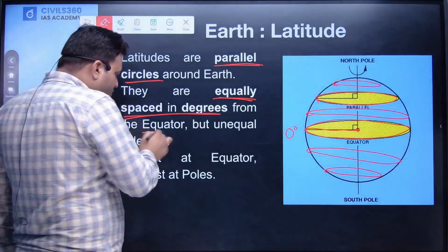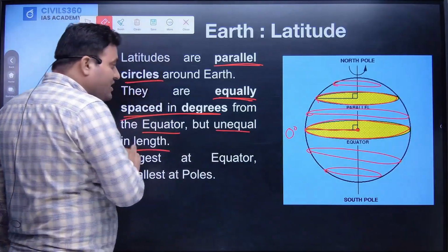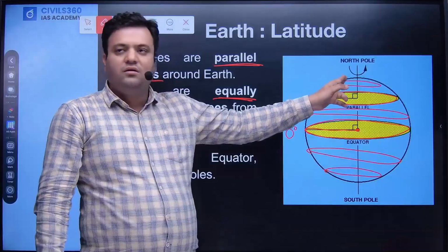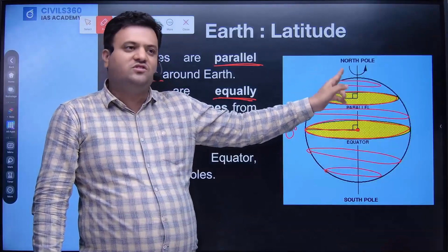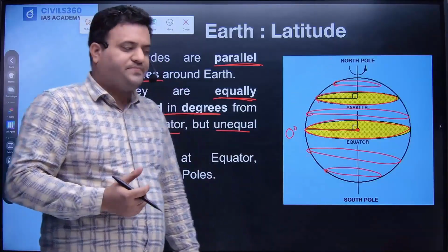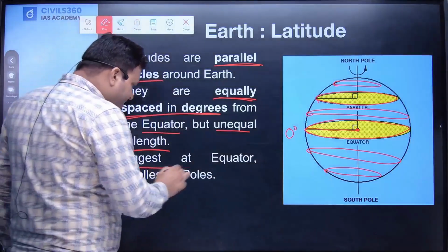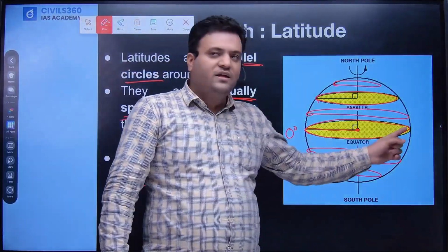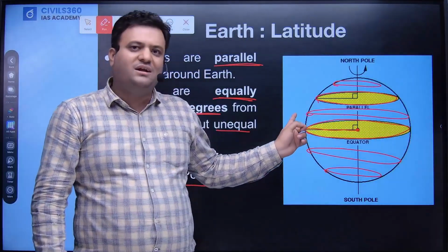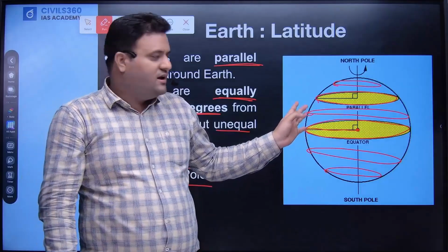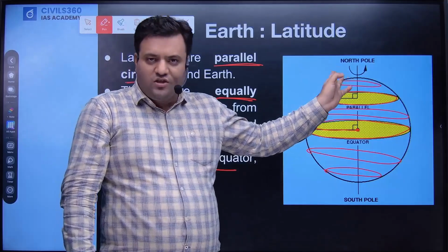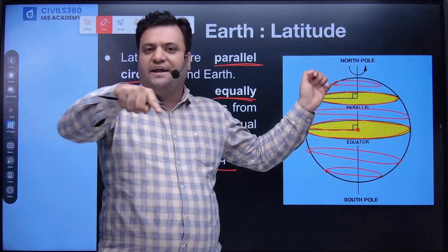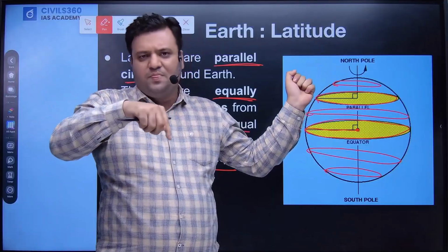And I told you that the length is not equal. The equator is the great circle, and the latitude on the pole is the shortest one. So it is biggest at the equator and smallest at the pole. The circumference of the latitude on the equator is somewhere around 40,000 kilometers, and the circle running around the 90 degree latitude at the pole is somewhere around 1400 kilometers.